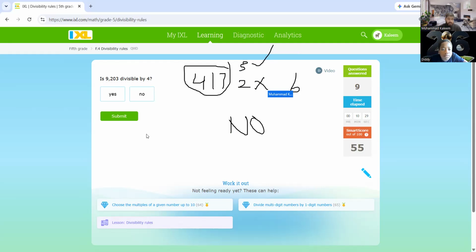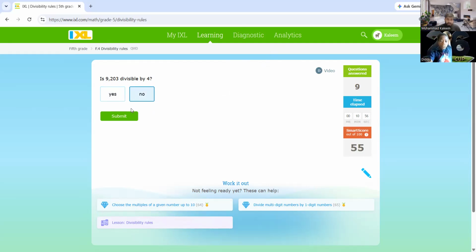So when a number is not divisible by 2 or not divisible by 3, then it will not be divisible by 6. For 6 it must be divisible by 3 and 2. That's simple. If any of these numbers fails to divide it, then it will not be divisible by 6.